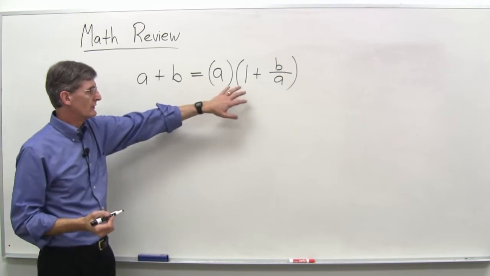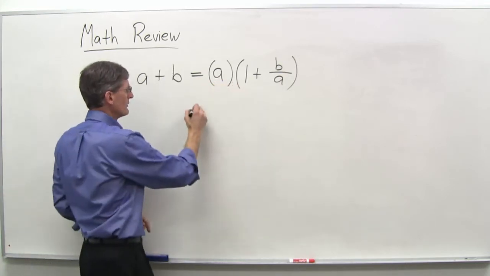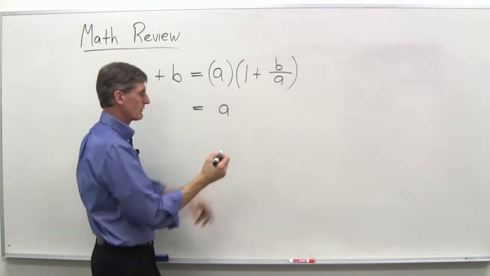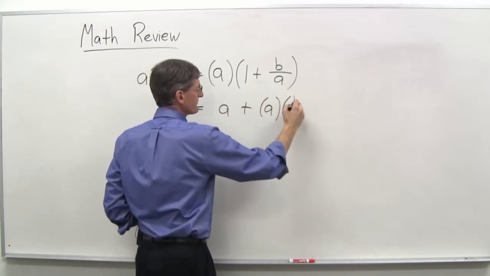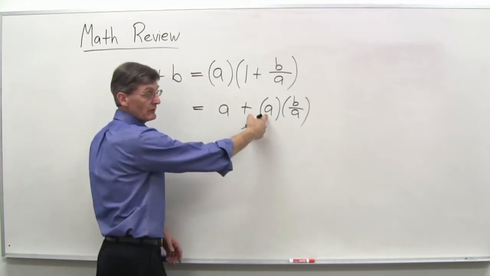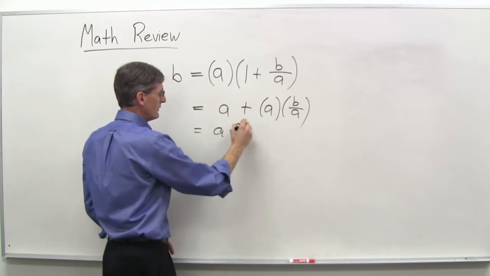Because if we have this, we can get this back in, because we just go a times 1, so that's going to equal a, and I've got a times b over a. Remember how this works, if it's really been a while for you? So this is the same thing as a times b over a, and the a here in the numerator and the a in the denominator cancel, and we just get a plus b again.